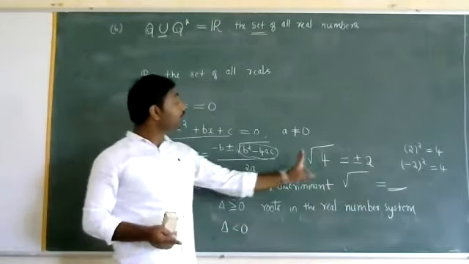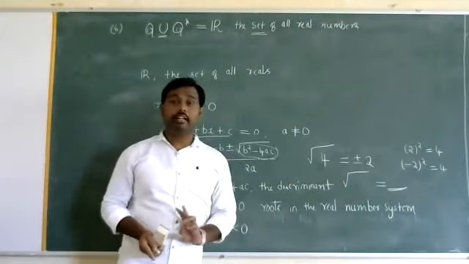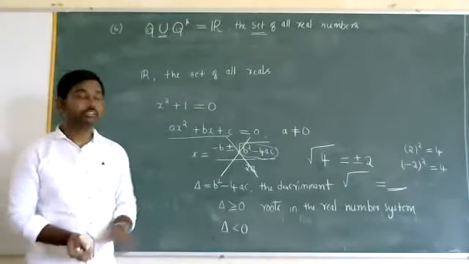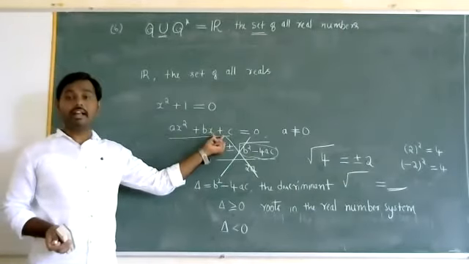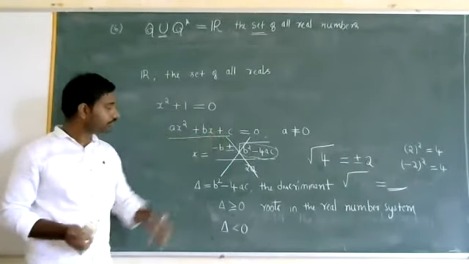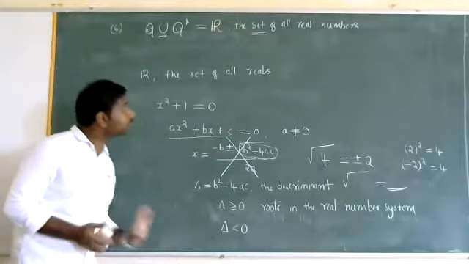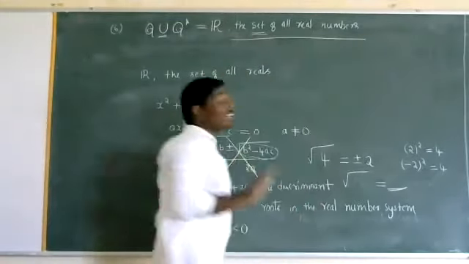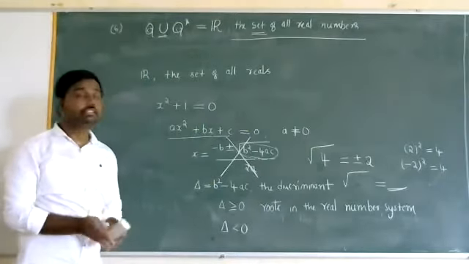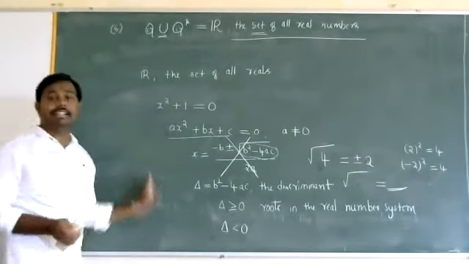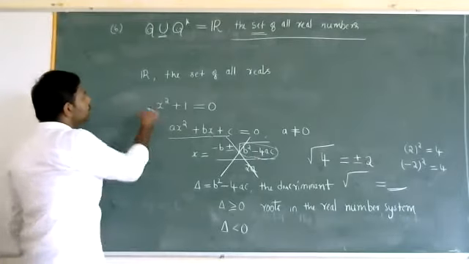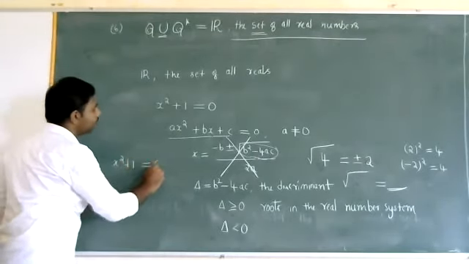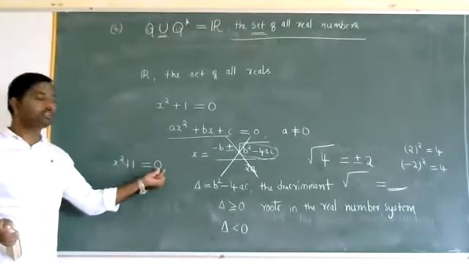Hence, we cannot define the square root of a negative number, and hence we will not get roots for the quadratic equation. So this shows that the set of real numbers is insufficient for our calculation, because in particular, if I consider the quadratic equation x square plus 1 equals 0.